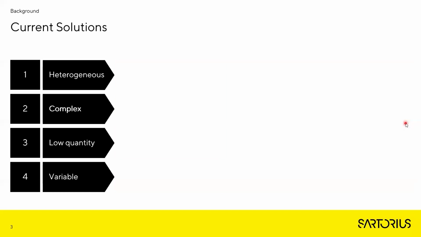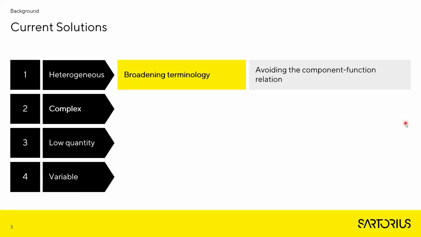So the current solutions of the EV field include raising the awareness about the heterogeneity of the samples. So if about 20 years ago we used expressions such as exosomes, microparticles, ectosomes, and so on, this terminology was replaced by a broader term of extracellular vesicles to cover all the different origins of the vesicles in the samples.